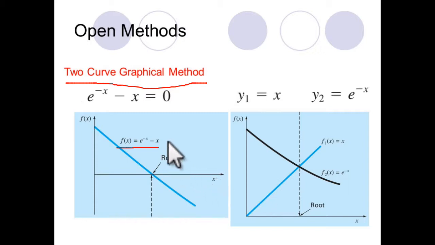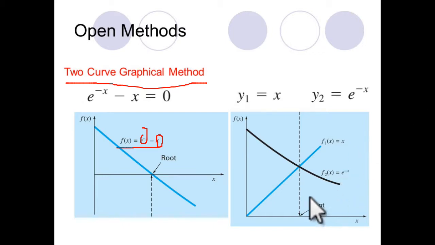Now we decompose the function into two parts, as is the case in the fixed point iteration, and now f1(x) is equal to x and f2(x) is equal to e to the power minus x.